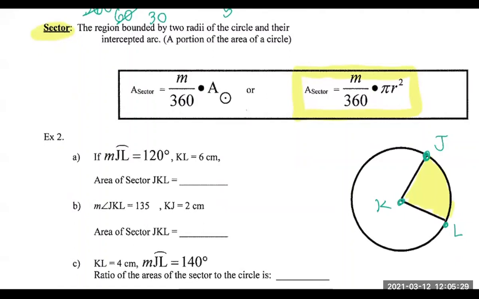Okay, and they tell us that the measure of arc JL is 120. So we're going to assume this is 120 as well as this angle is 120. Okay, and both mean the same thing. So we're going to do 120 over 360. That's going to give us our ratio. And then since we're finding the area of a sector, we want to use the area formula, so pi r squared.